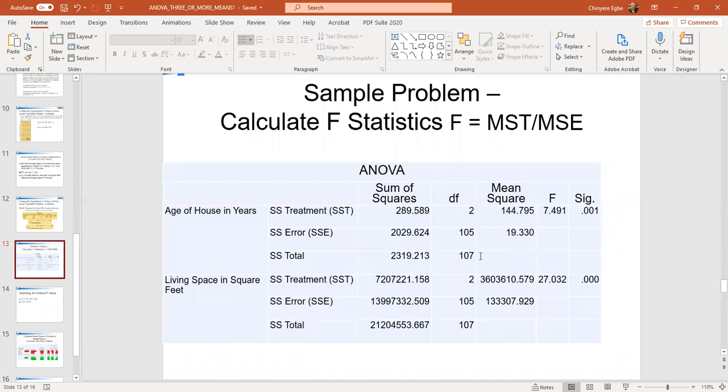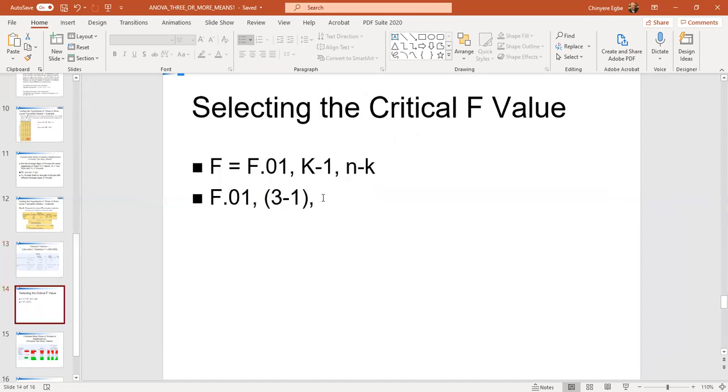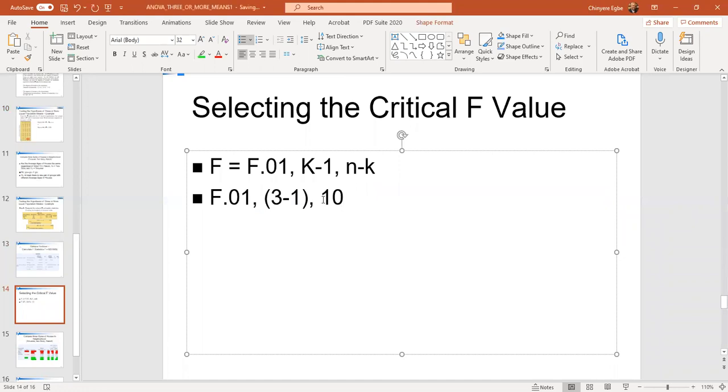So 108 minus 3. And so F will be F at 0.01 with 2 degrees of freedom and 105 degrees of freedom.